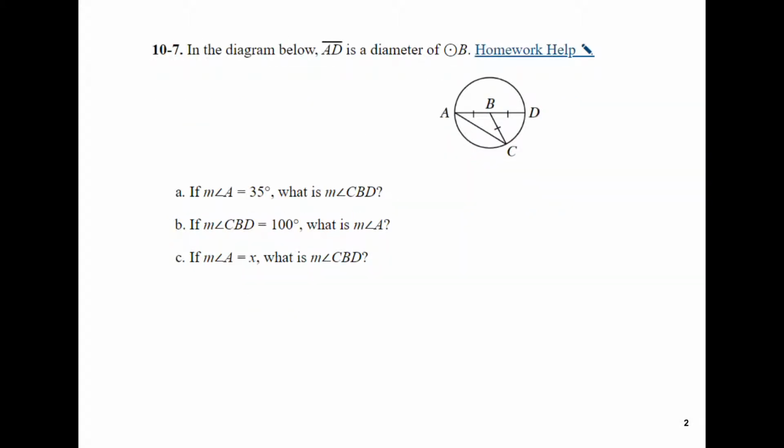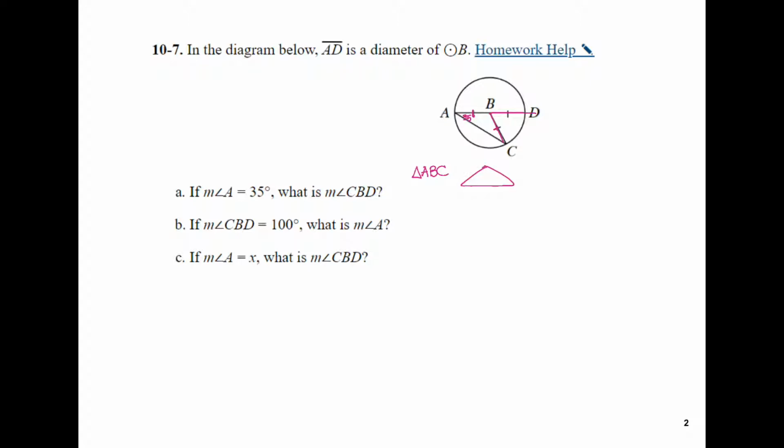10-7 says, in the diagram below, line segment AD is the diameter of circle B. If the measure of angle A is 35 degrees, what is the measure of angle CBD? So looking at triangle ABC, and knowing that this side and this side are the radius of our circle, we know we have an isosceles triangle.